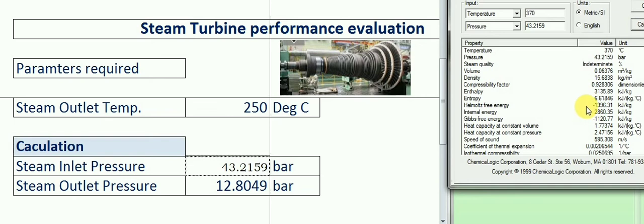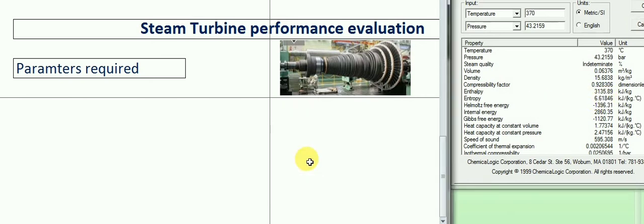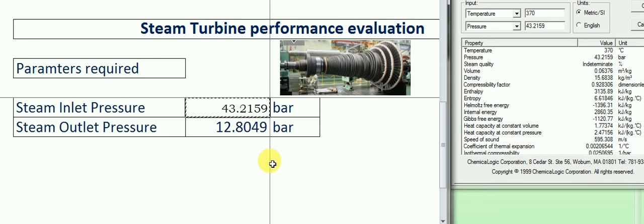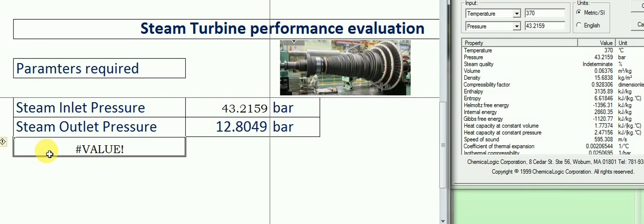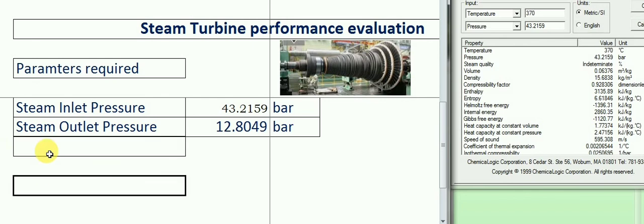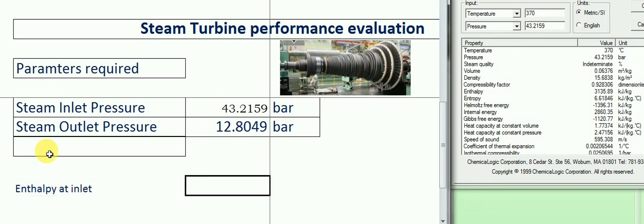So our enthalpy at inlet is 3135.89 kilojoule per kg.